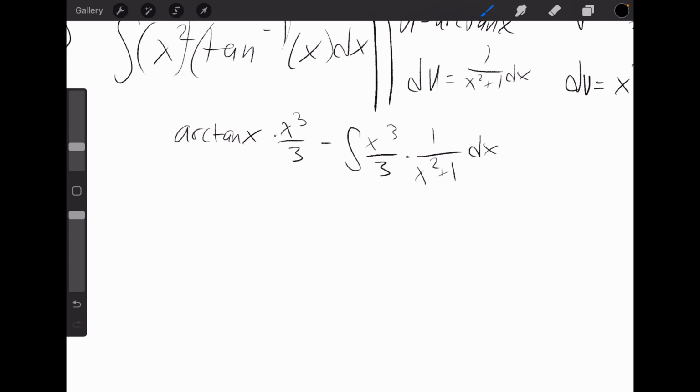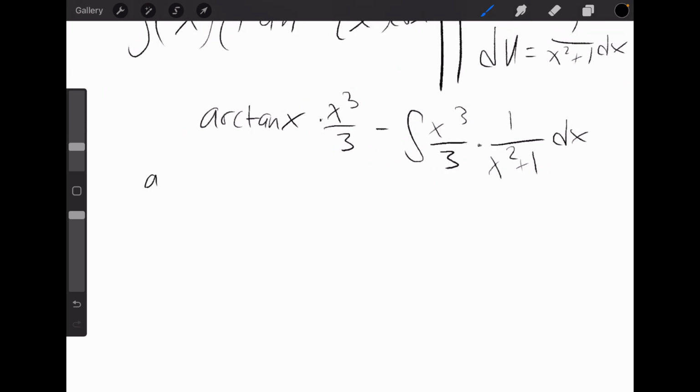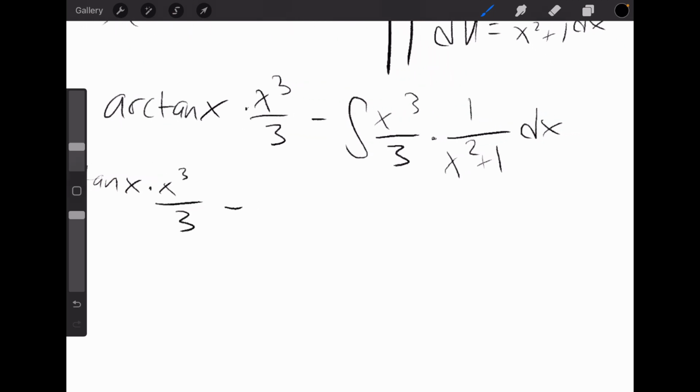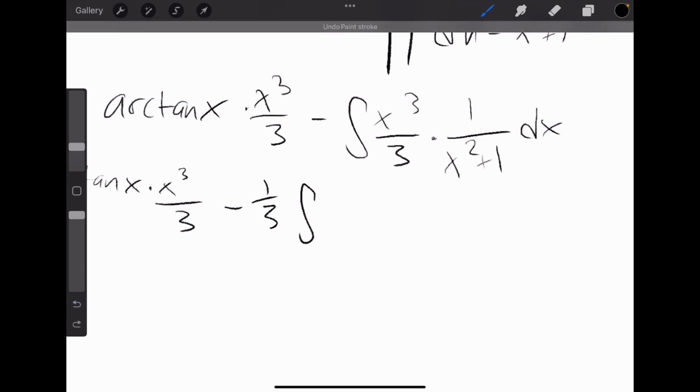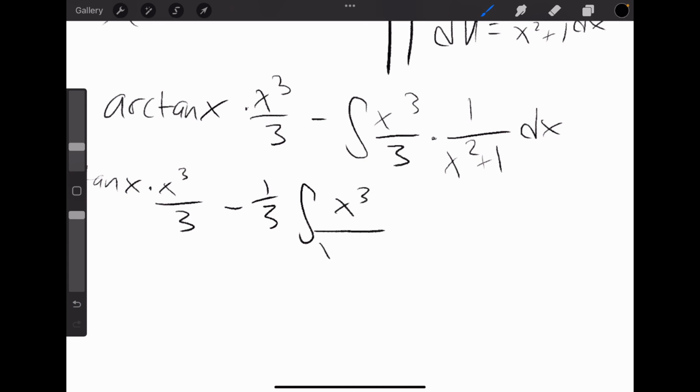So looking at this, let me rewrite this. So we have arctan x times x cubed over 3 minus. So over here, I'm going to take out 1/3 from the integral. So then it's just going to be x cubed times, so we're going to combine the fractions, x cubed over x squared plus 1 dx.